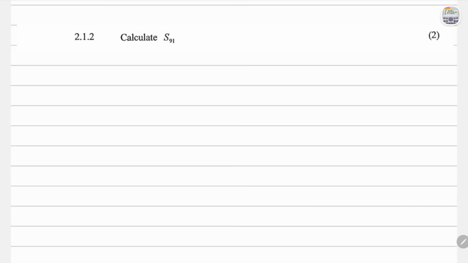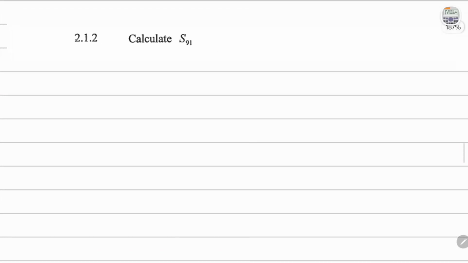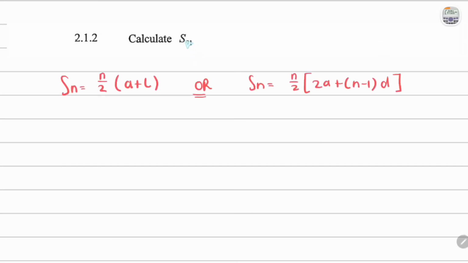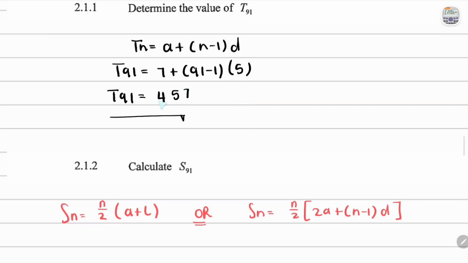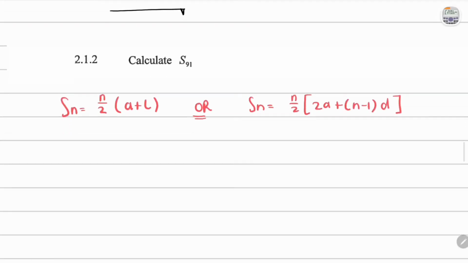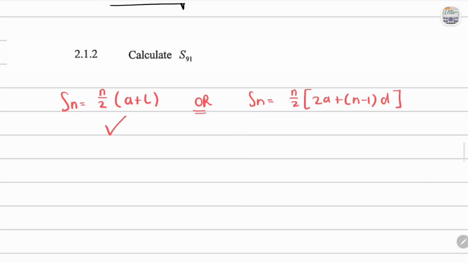Question 2.1.2 says calculate the sum of 91 terms. Okay, so this is an arithmetic series. So you know that we can use these two formulas to find the sum of series, but they want the sum of 91 terms. And in the previous question, we just found the 91st term, which is currently the last term. So we can go ahead and use this formula.